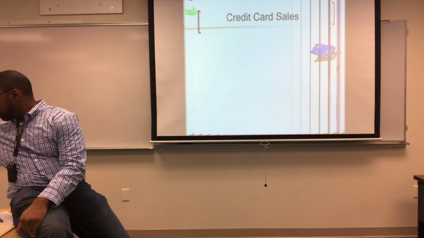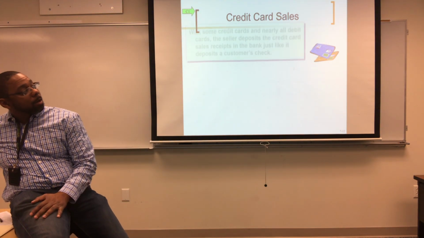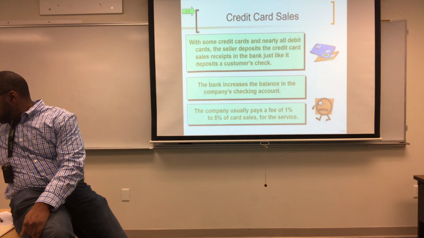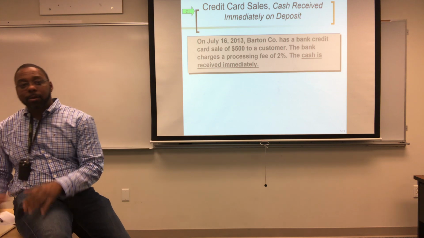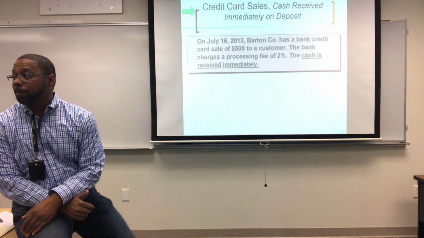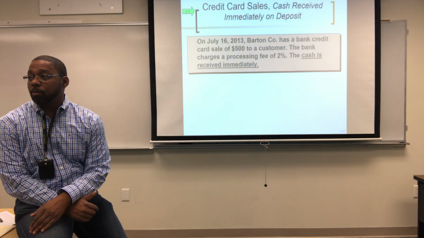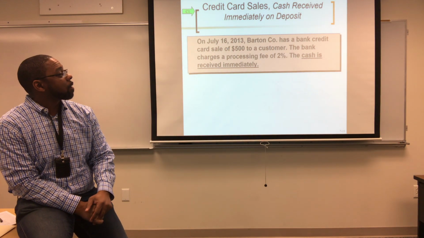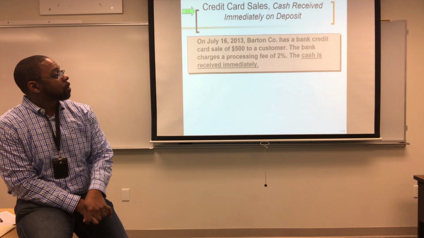So when you have these credit card sales, you're going to have a charge associated with it, right? A service fee that the company pays. So like in this example, Barton Company has a bank credit card sale of $500 to a customer.